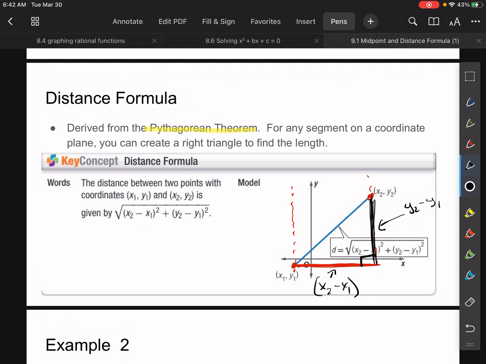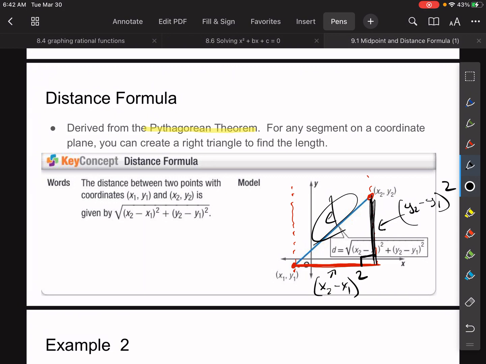Okay, so we know that the distance, the hypotenuse distance, is just going to be that thing squared, right? And then we have this piece squared. Those things added together will equal this piece squared, which we can call c, or d for distance, or whatever you want to call it.